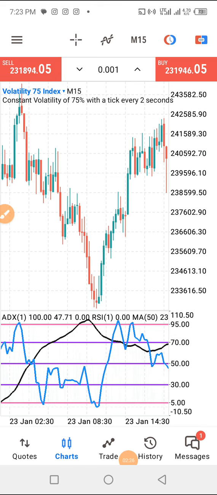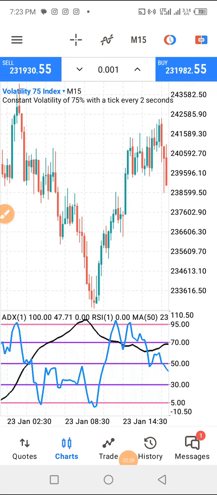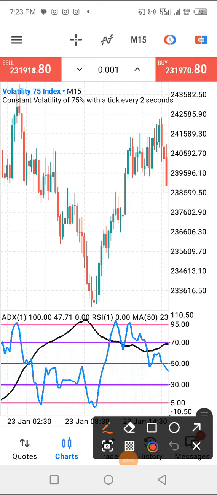The first thing we want to notice is in your 15 minutes time frame. For a sell setup, we want to see price cross below level 75.